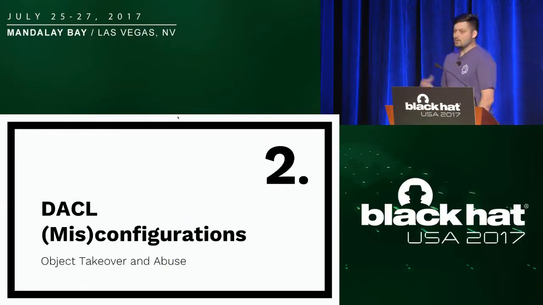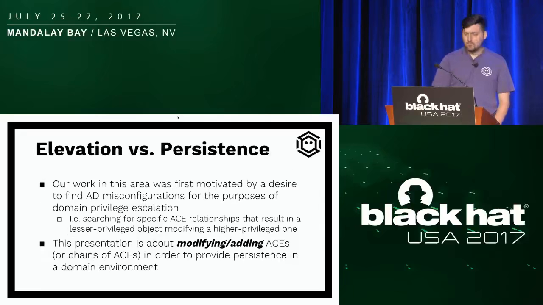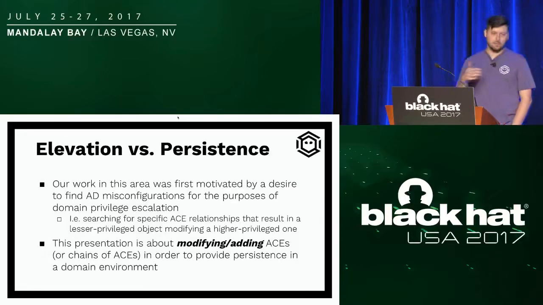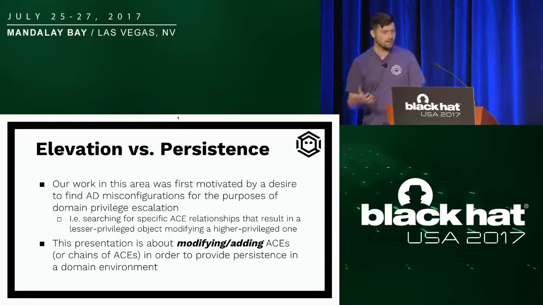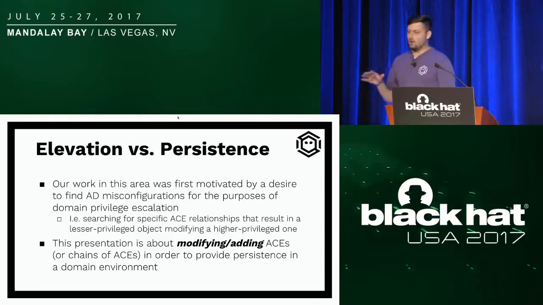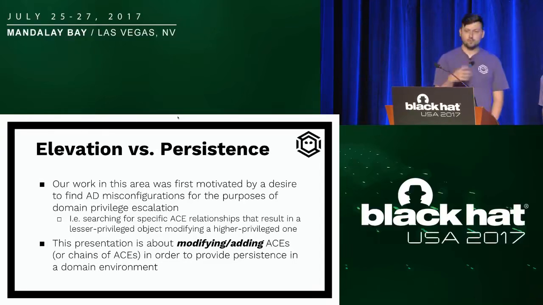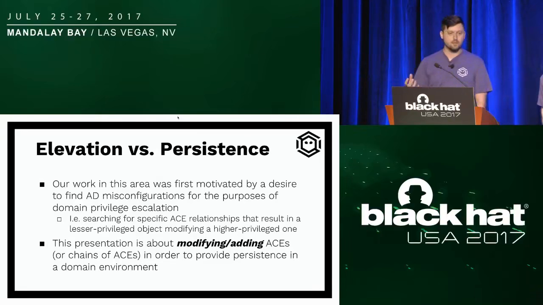So let's take a look at some basic misconfigurations and how we abuse these. Before we take an in-depth look at that, one thing to repeat is that we are focusing this talk on persistence, not escalation. So everything that we're talking about requires some kind of privilege to implement these malicious ACEs.